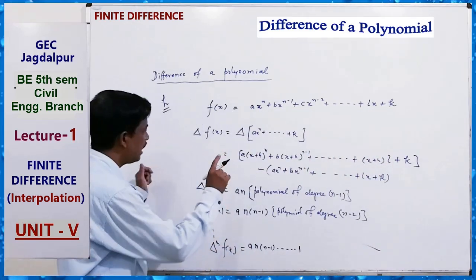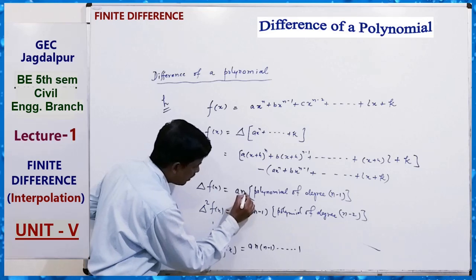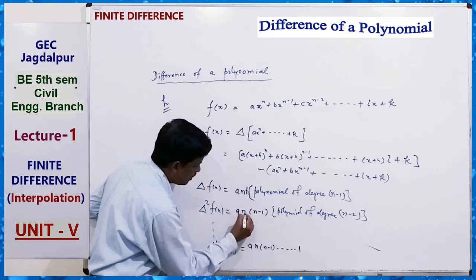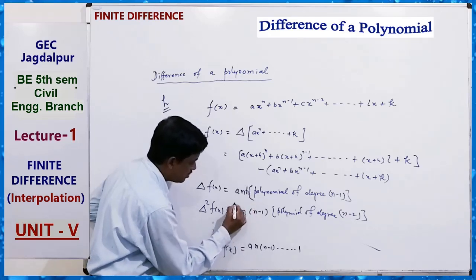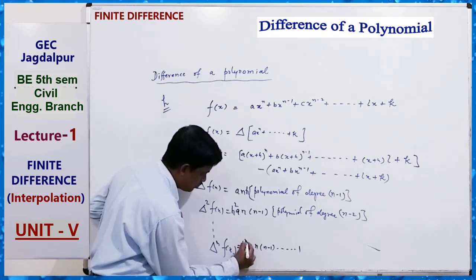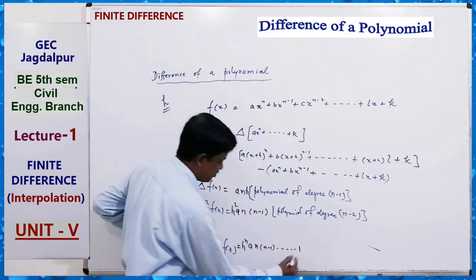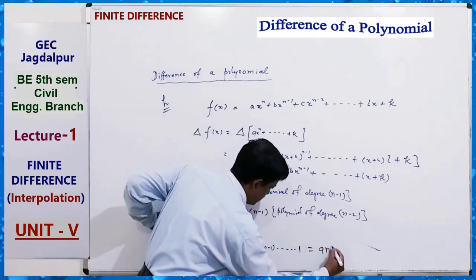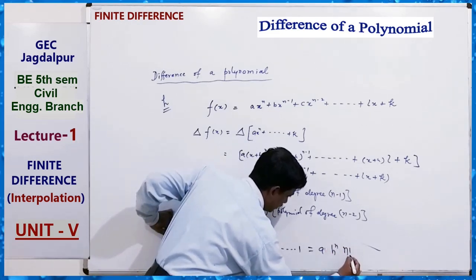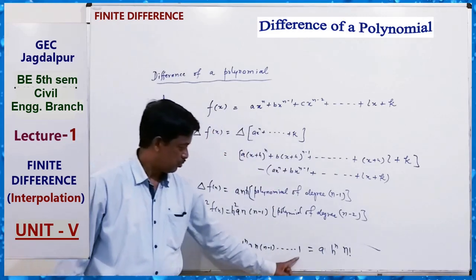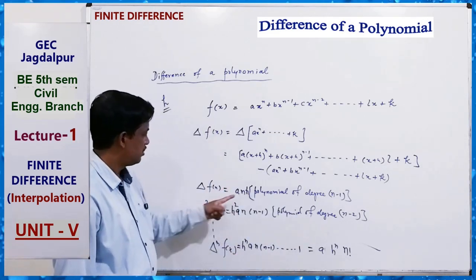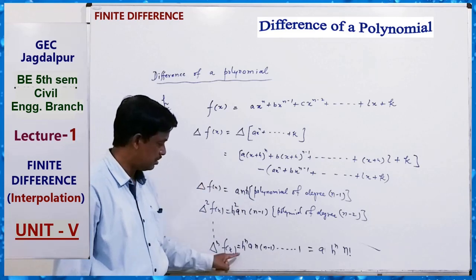Okay, and also here h will be here too. So a n and h, a n 1 time h, 2 time h square, and here n times h to the power n. This equals a n h to the power n factorial, because 1, 2, 3, 4 up to n factorial. h first time, 1 time h, second time, 2 times h, third term, h to the power n.